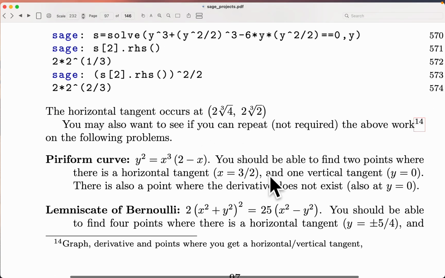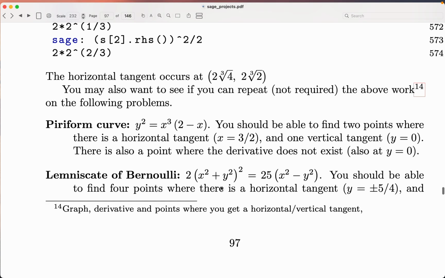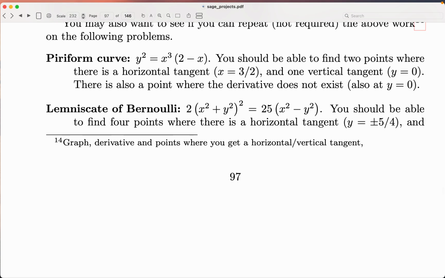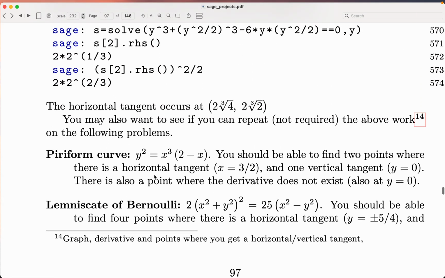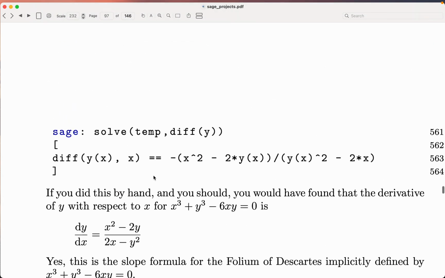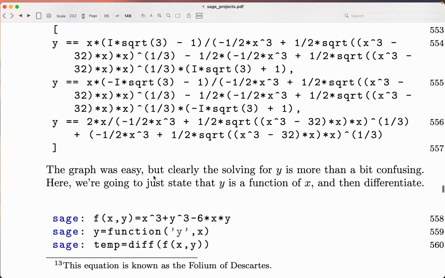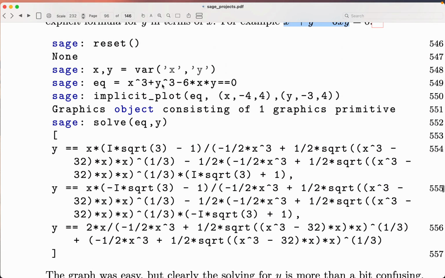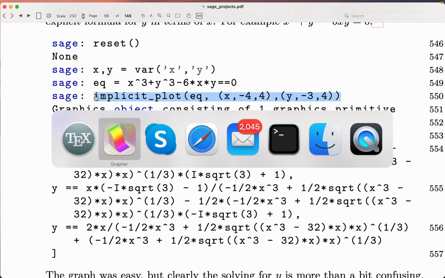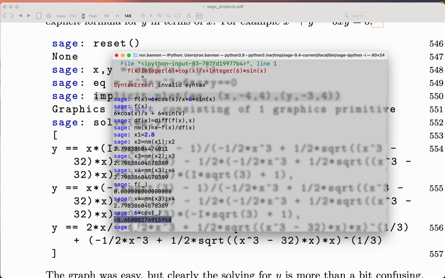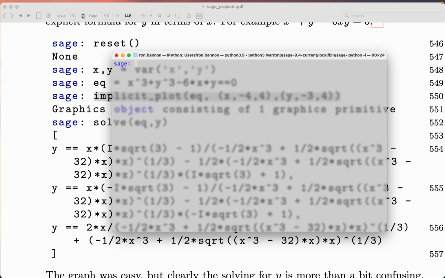They give you other nice-looking curves over here. I want to go to Sage briefly, and hopefully you're learning some things about how to do a graph. I just gave you an example of doing something with Grapher, but now I want to go to Sage, clear this out, and define variables.